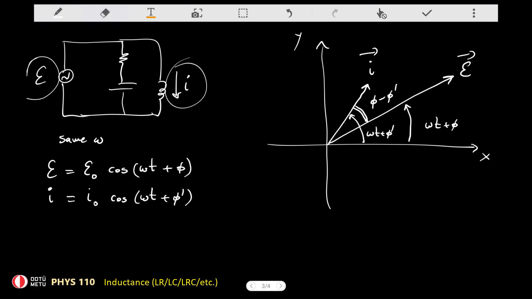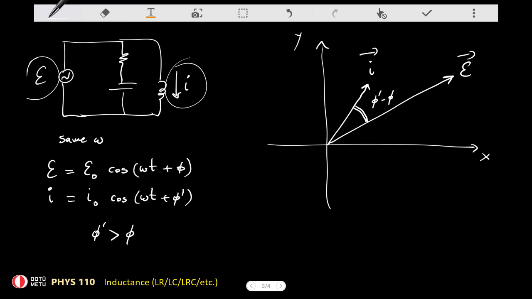So I can perhaps erase the other details in here. What we have is essentially two vectors with fixed length, constant magnitude, and a constant angle between them. Sorry about this. The angle is phi prime minus phi. So I'm using a picture where phi prime is slightly bigger than phi, right?